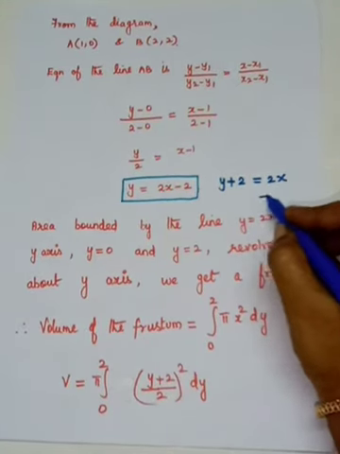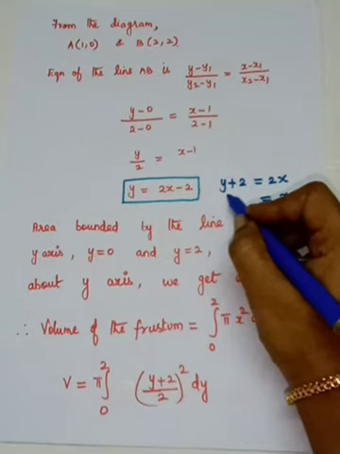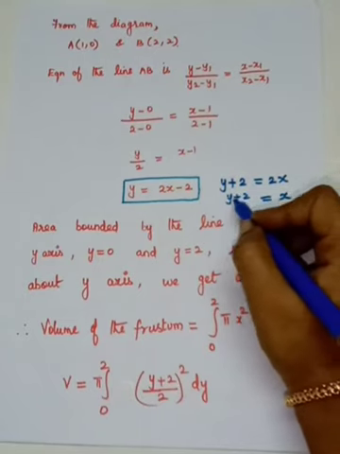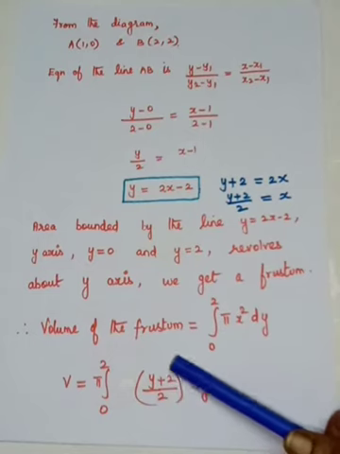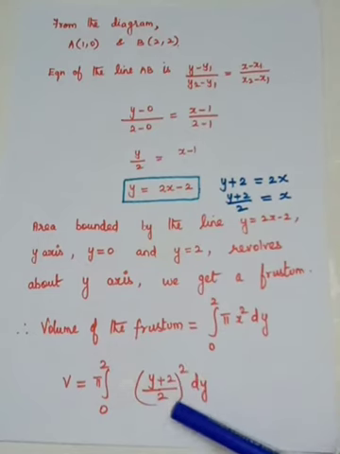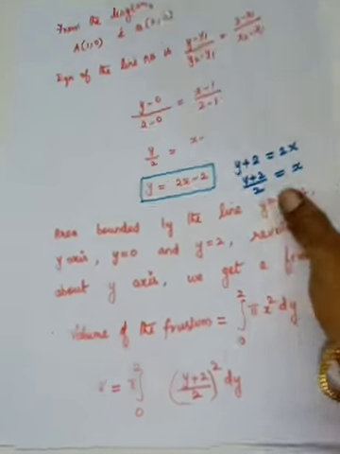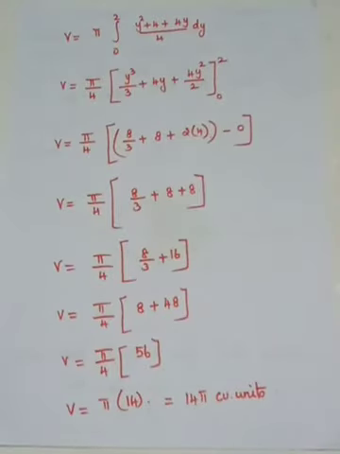So x is equal to (y plus 2) divided by 2. Here, in place of x, you substitute (y plus 2) divided by 2. Here it is x squared, so the whole thing is squared. So now you are going to integrate.